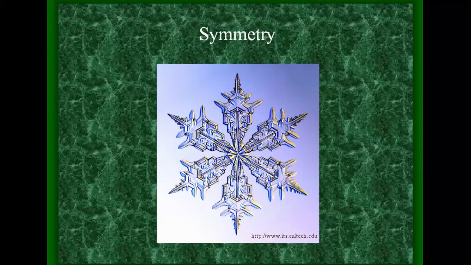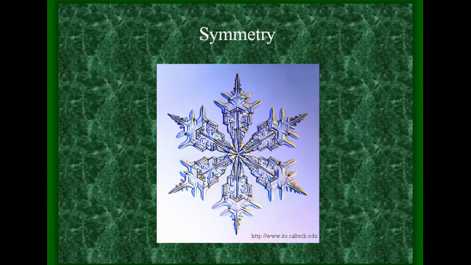Now I want to switch gears here a little bit because I want to talk about symmetry. We need to talk about symmetry breaking, and I've got to explain symmetry in order to talk about how it gets broken. You probably all know what geometrical symmetry is. This is an actual picture of an ice crystal, a snowflake, and you can see these things turn into very special things.